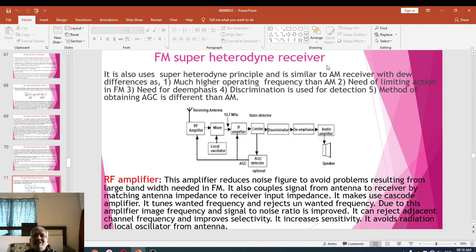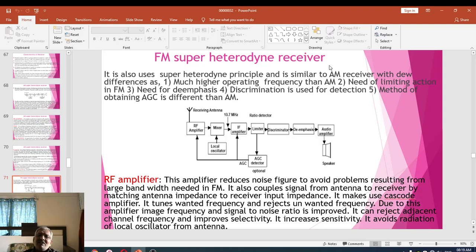The difference is that it receives frequencies in between 88 MHz to 108 MHz. Within that band only, it receives the information from the FM transmitter, and it works on the intermediate frequency of 10.7 MHz. Such a receiver we call the FM super heterodyne receiver.